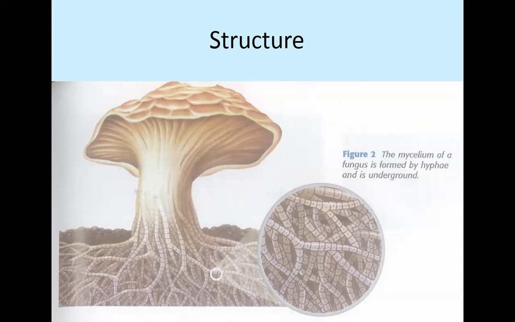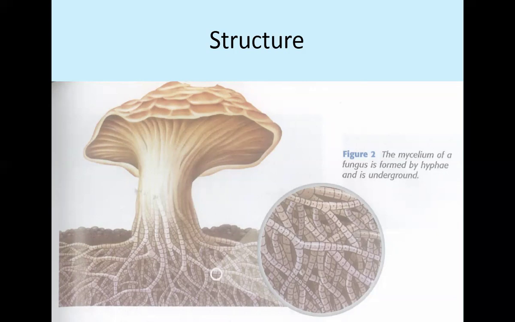Spores are a mechanism of reproduction. The fungi release spores from this umbrella-shaped structure, and when those spores reach a suitable environment, they will start to grow and give rise to a new fungus. They will produce a new mycelium.